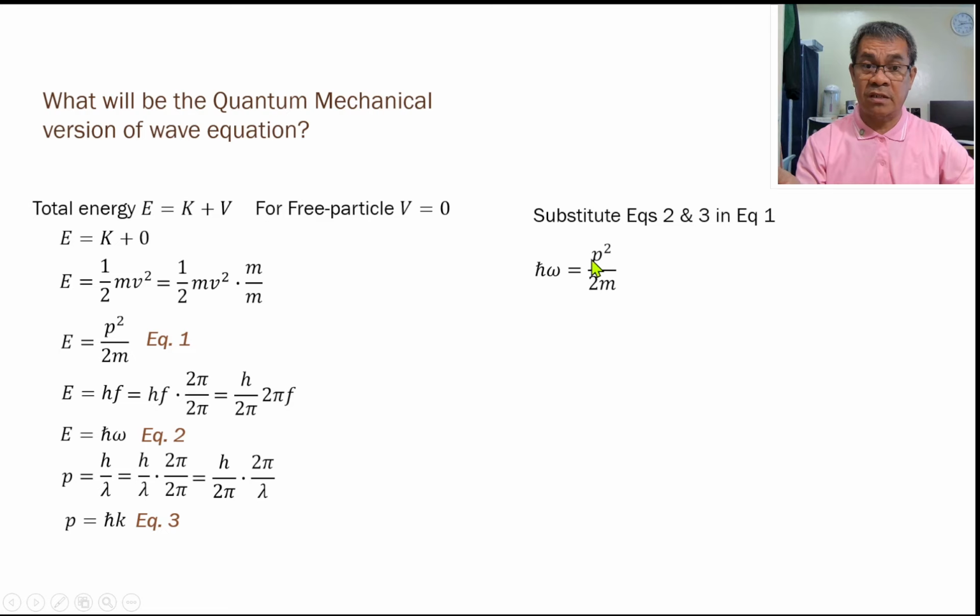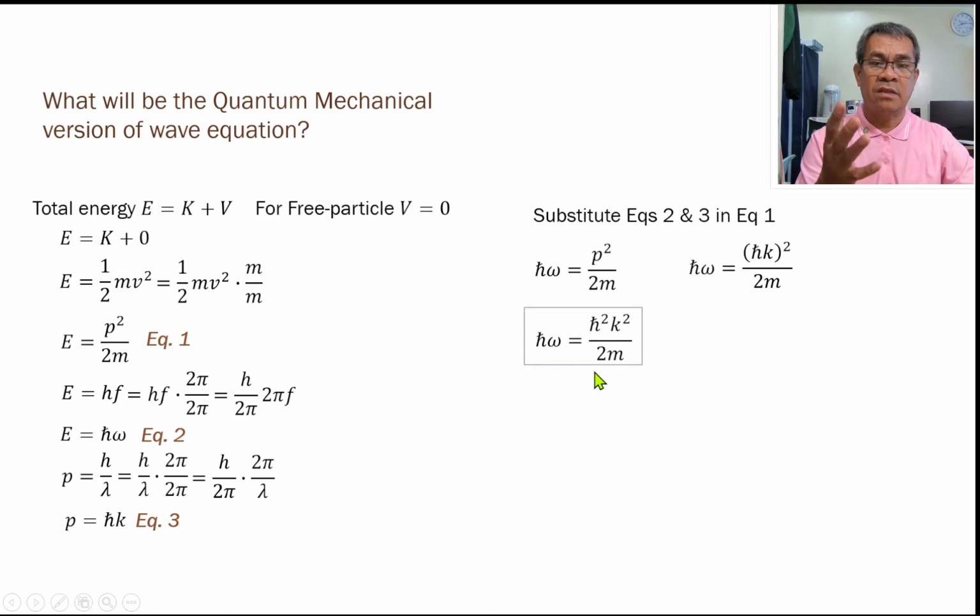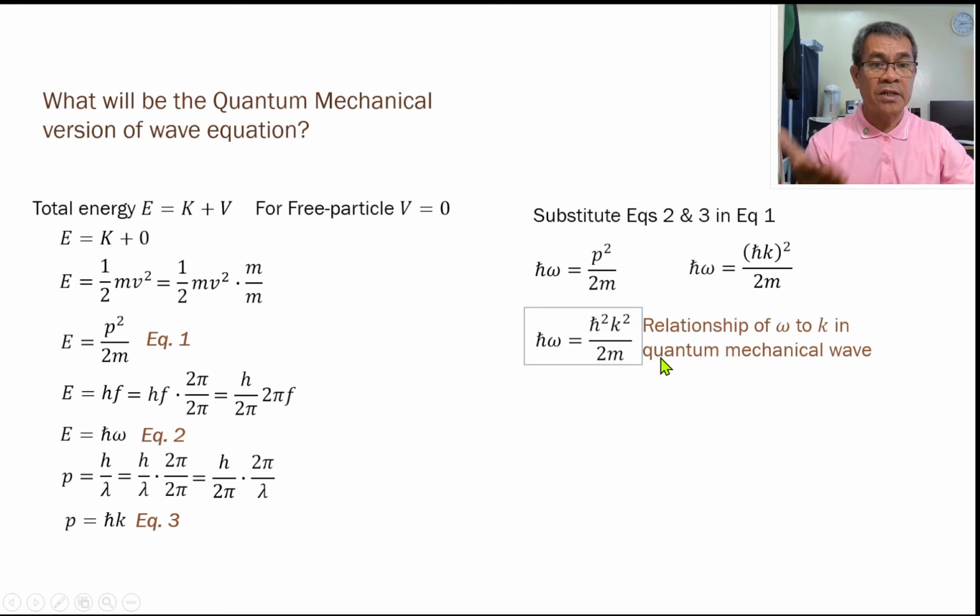So we can replace it here with h bar k, making this equation become h bar omega equals h bar squared times k squared over 2m. Okay, this is to announce that this is the relationship between the angular frequency and the propagation number in the quantum mechanical system or wave.